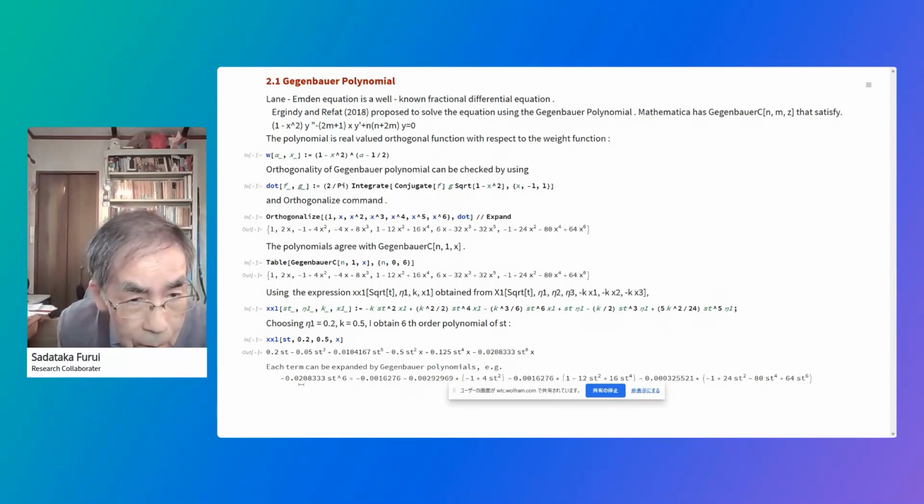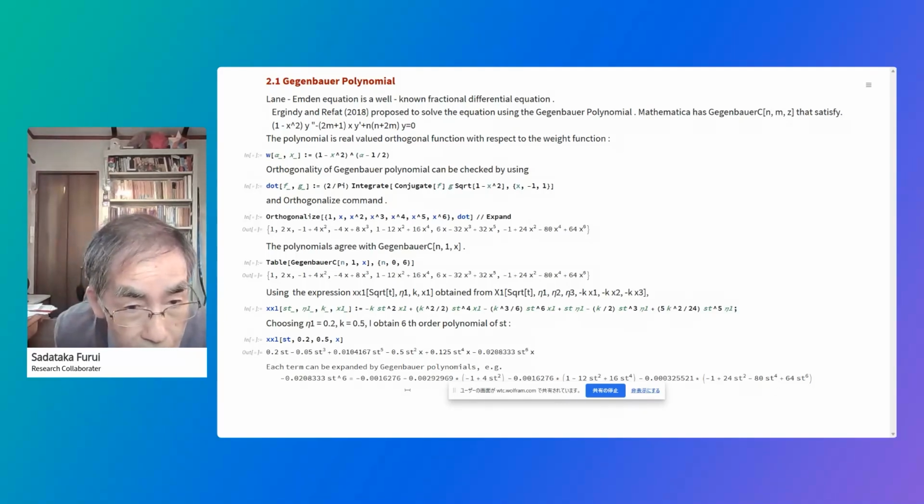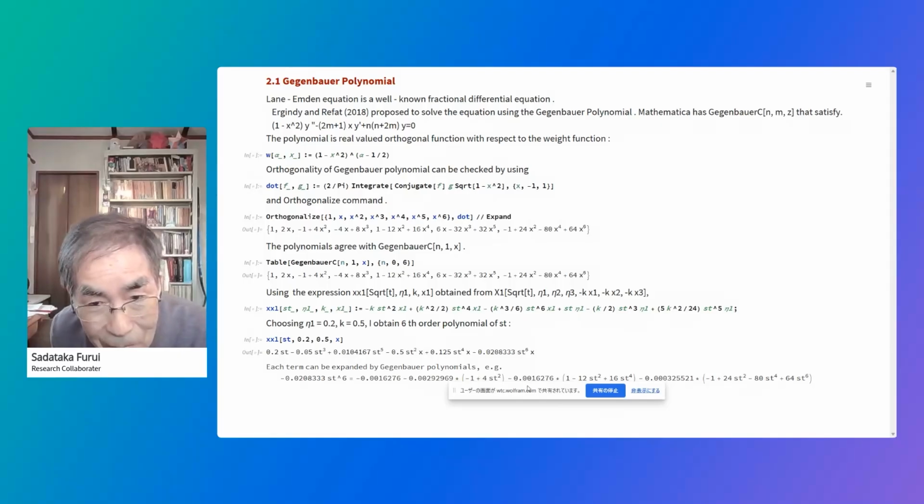That, for example, this t is t to the 6, and this is the first. This is a constant. This is okay. The last one term can be expanded by constant, then the second order term, and fourth order term, and the sixth order term.